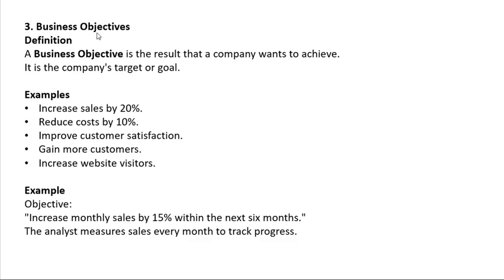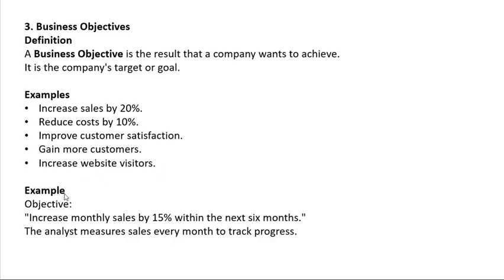Third is business objectives. A business objective is a result that a company wants to achieve; it is a company's target or goal. For example, increase sales by 20%, reduce costs by 10%, improve customer satisfaction, gain more customers, increase website visitors.